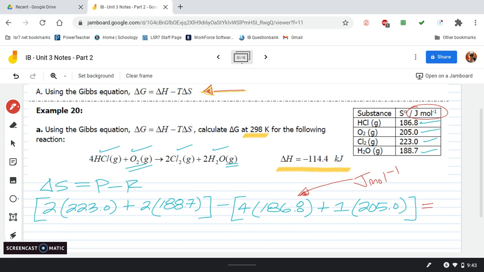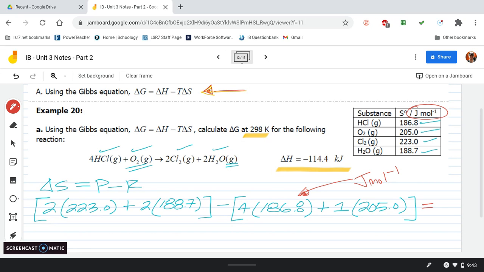Now, there's a lot more going on here, so use your parentheses. I'm going to go 2 times 223. And then we're going to add that to, in parentheses, 2 times 188.7.